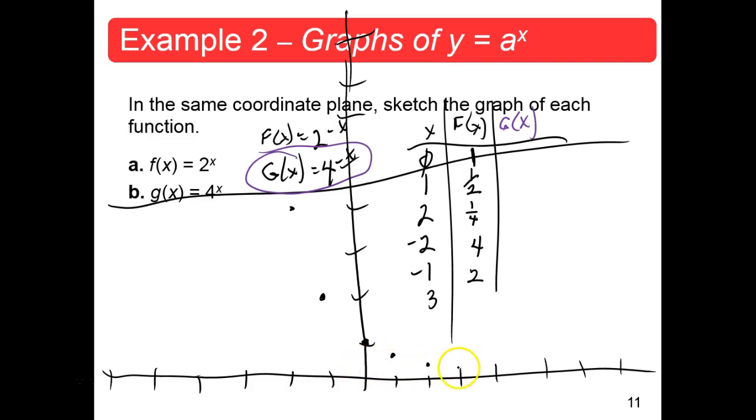Perfect. 3 is 1/8. See the general trend on the right? Let's get one more on the left. What would that be? Let's do a negative 3. Okay, and what does that give you?